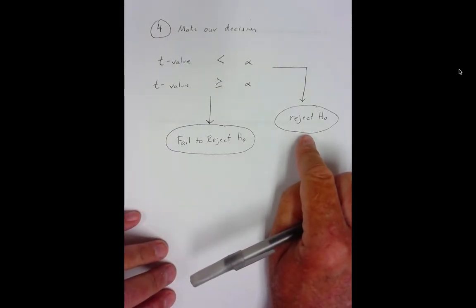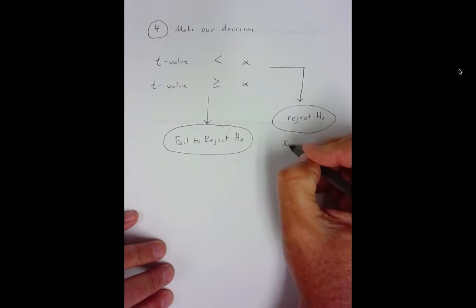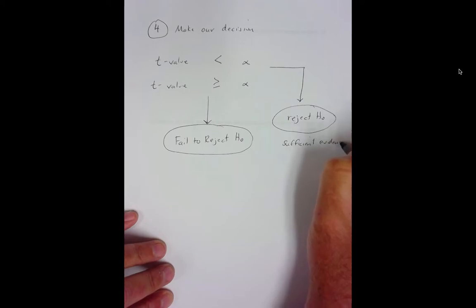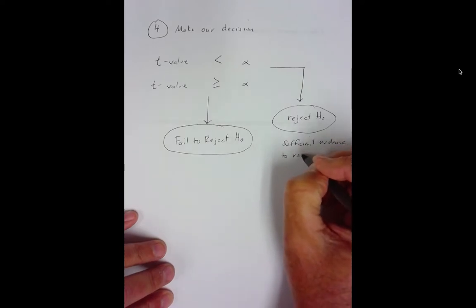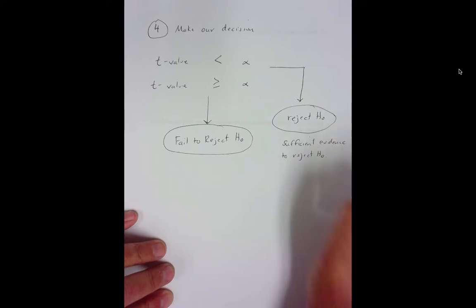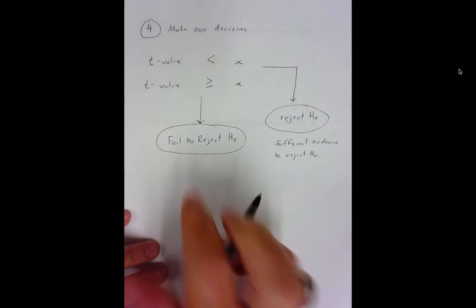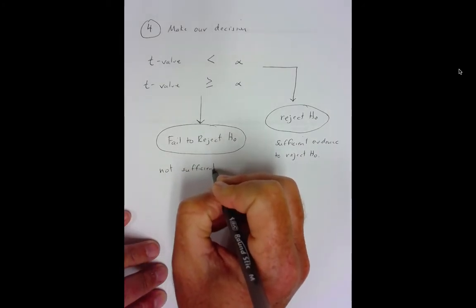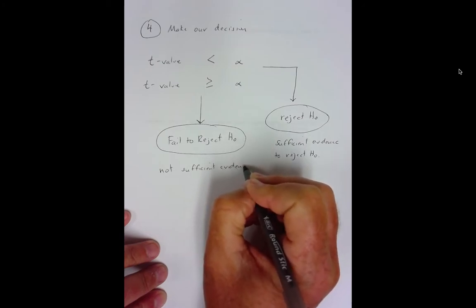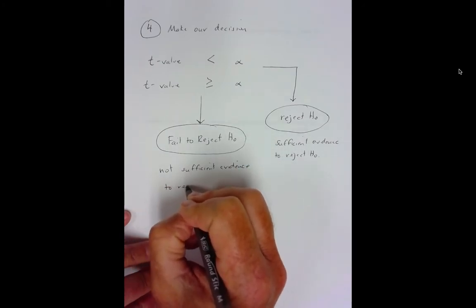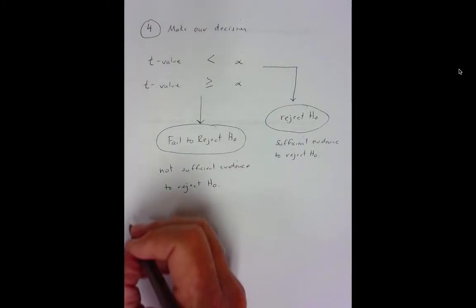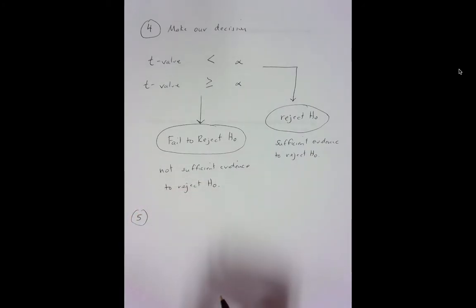In this situation where we reject H sub O, we say there is sufficient evidence to reject H sub O. In this situation, we say there is not sufficient evidence to reject H sub O. Now, the final thing we do, and I know I said there's 4 steps and I'm giving you a 5th step, so I'm contradicting myself.